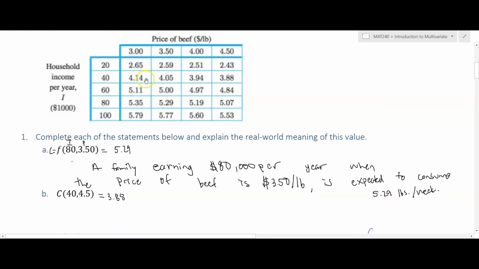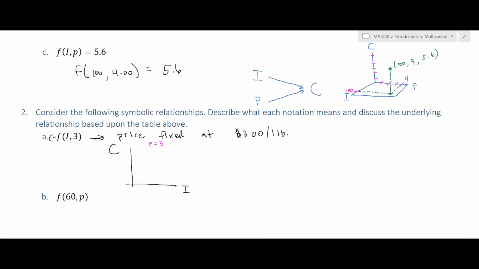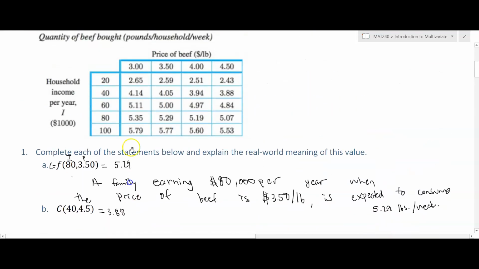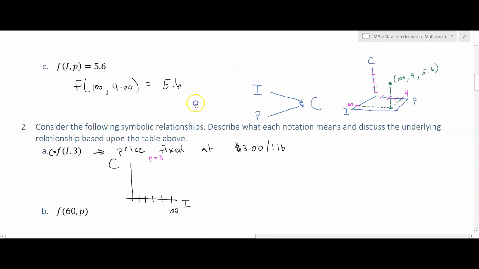In my table, what that means is that I'm looking at just the incomes of 20, 40, 60, 80, 100, and then the corresponding consumptions under $3 per pound. So here my labels would be 20, 40, 60, 80, 100. And along here, for instance, I would plot the point (20, 2.65).